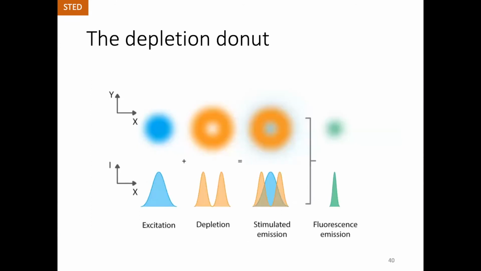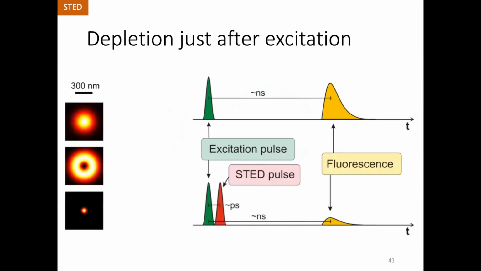Okay, so what does that look like? So we have the excitation, we have the depletion. Together you get this stimulated emission, which means the fluorescence will be very narrow from only this spot. Okay, so this depletion is done immediately after the excitation.